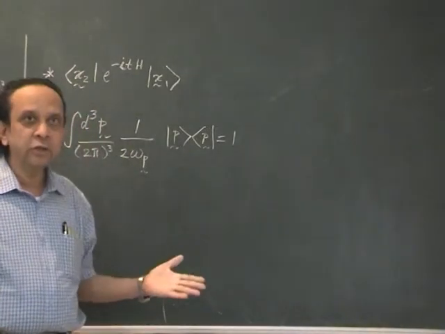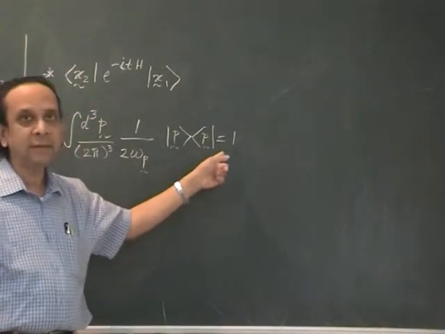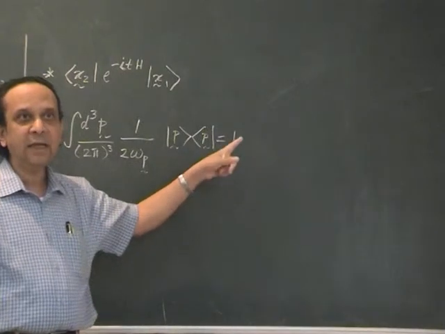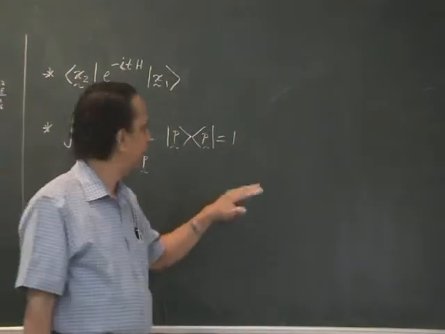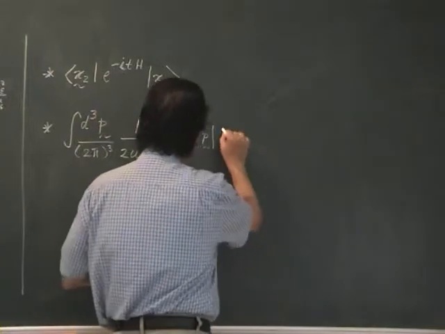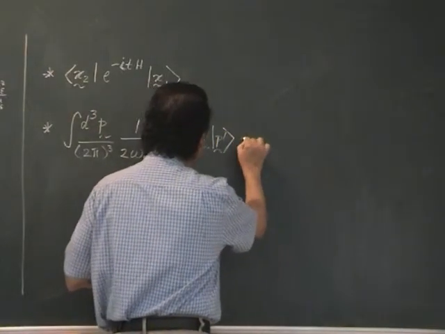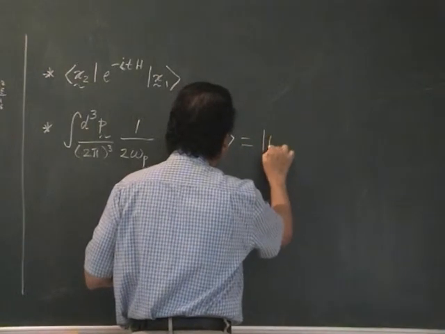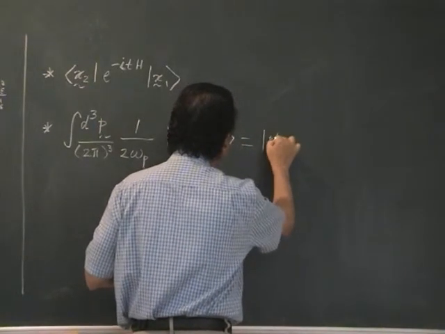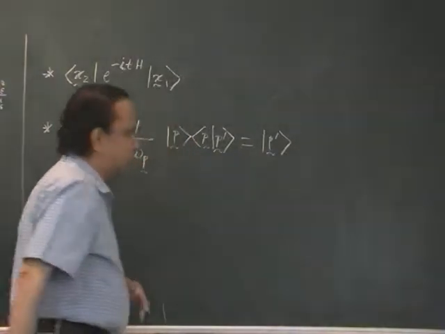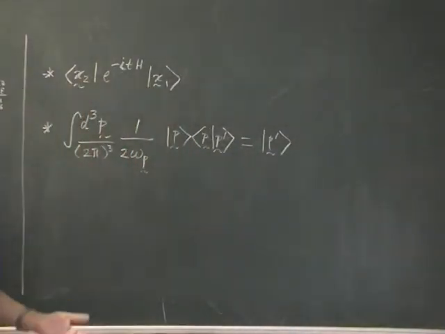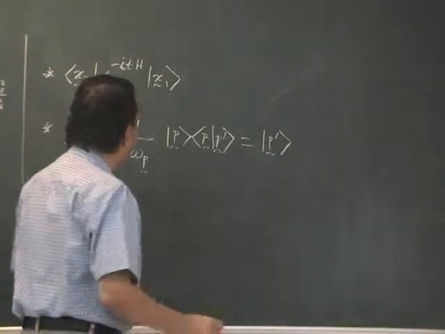Now what I am going to do is to hit on both sides with another bra with p prime. Okay. So if I put a p prime here, I get on the right hand side p prime. This has to hold. This means I can identify what this is.